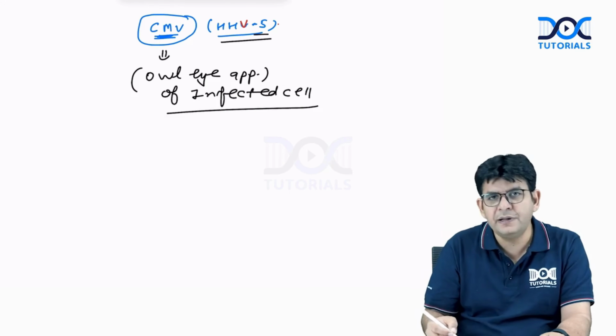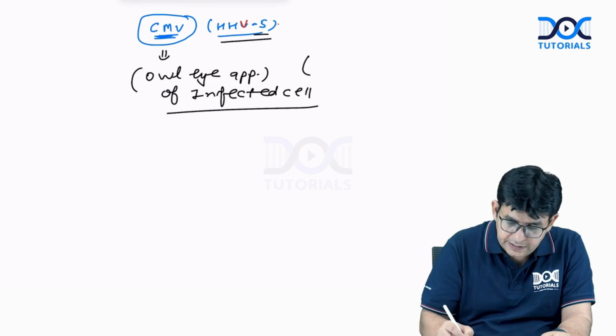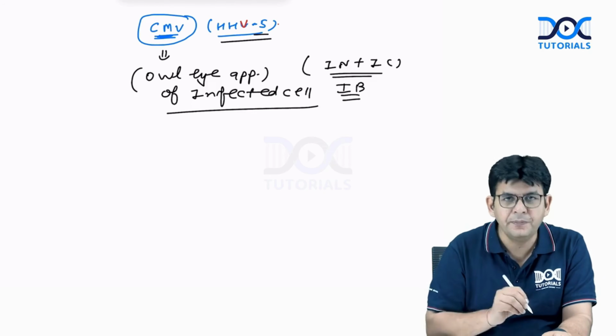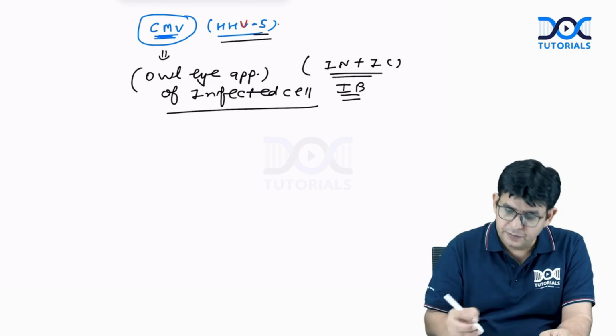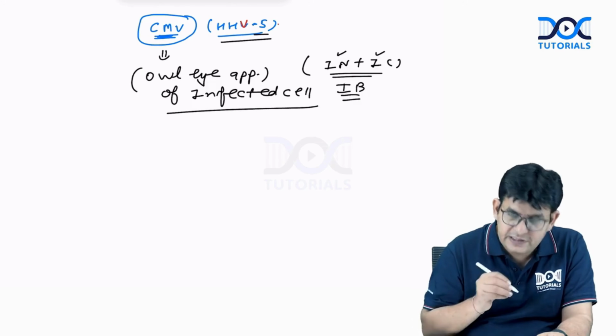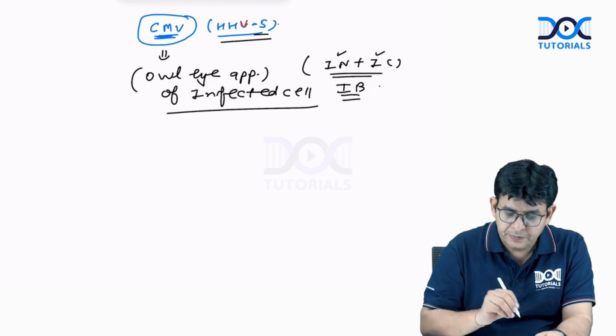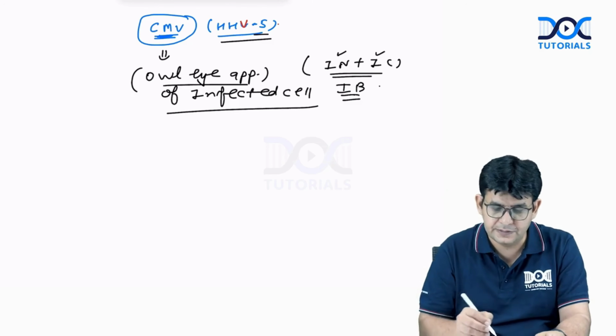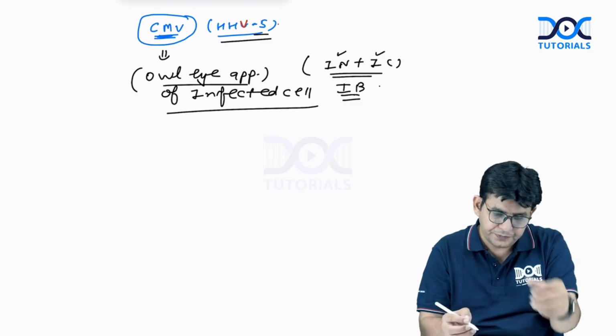And what is this owl eye appearance of infected cell which is produced by CMV? It is actually intranuclear and intracytoplasmic inclusion body. Okay. So CMV is also one of them which produces intranuclear as well as intracytoplasmic inclusion body, and they give it an appearance that is termed as what? Owl eye appearance. So remember this particular name also.